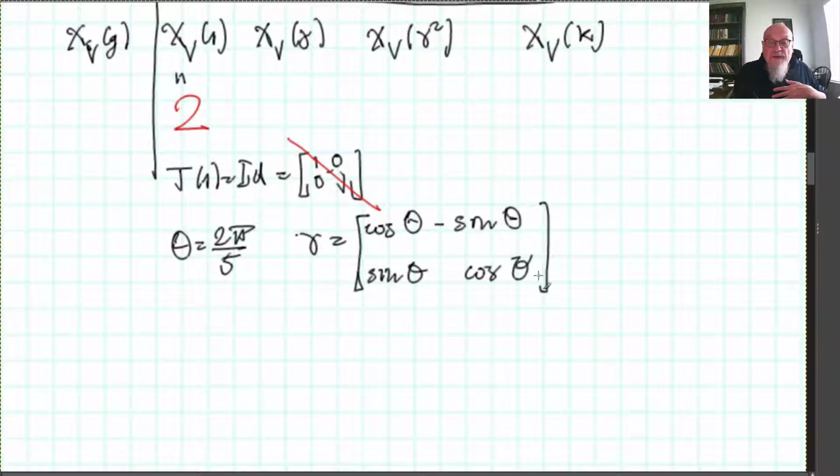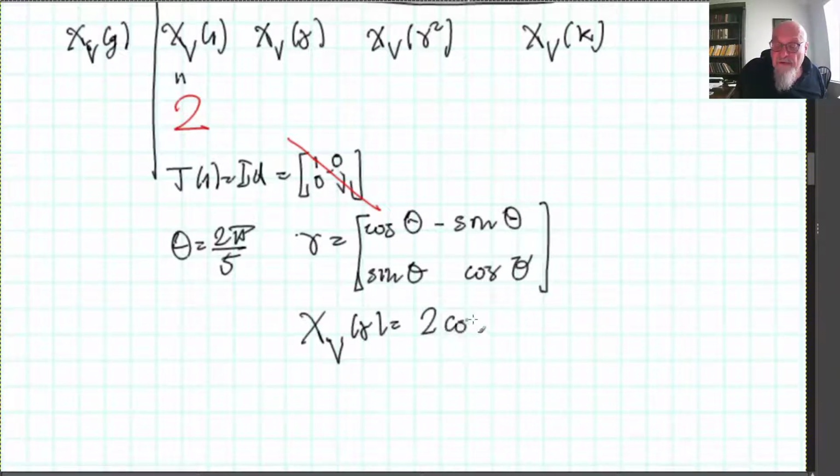This is the rotation. And so what do I get here? The trace of that one, this is a real matrix, remember. So we are getting the character of V on gamma is equal to 2 times cosine theta, which is equal to 2 times cosine.